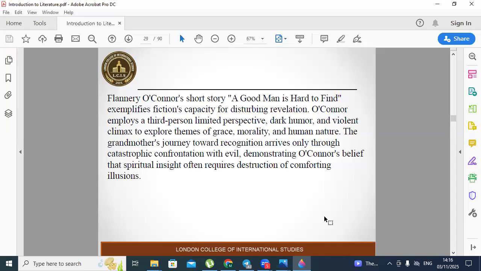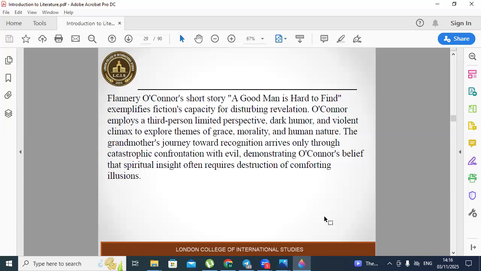The story employs a third-person limited perspective following a grandmother on a family road trip. O'Connor uses dark humor. The grandmother is simultaneously symbolic and deeply flawed, manipulative, and self-centered.